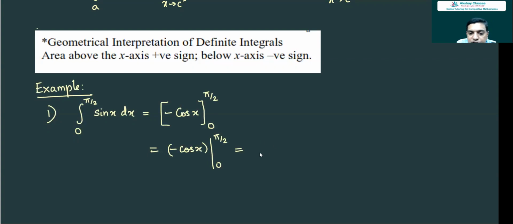Now substituting. So minus f of b, so minus cos pi by 2 minus of minus cos 0. Now cos pi by 2 is 0 and cos 0 is 1.